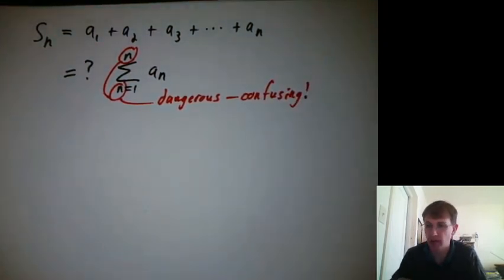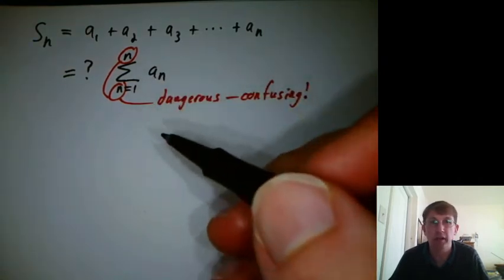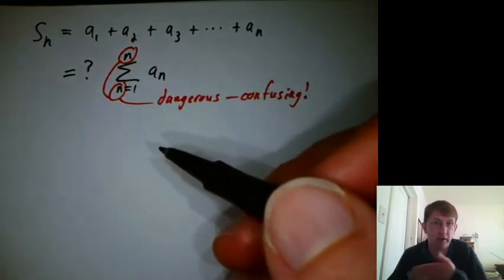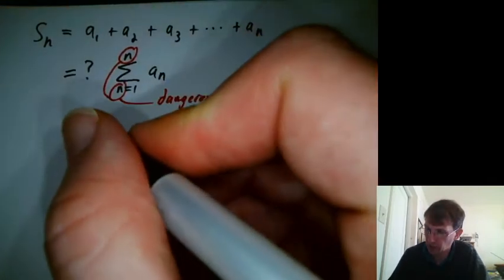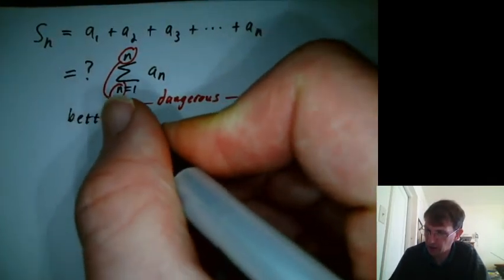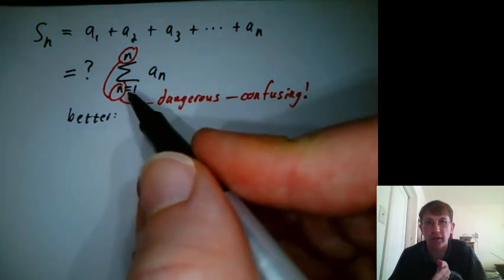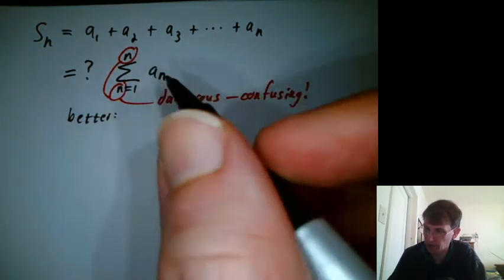If you write programs in any computer language, if you said for n equals 1 to n, depending on the computer language, some computers would just stop immediately, some would run on forever. So a better idea is to use a different letter to start at 1 and go up to something than we're using for the upper end of it.